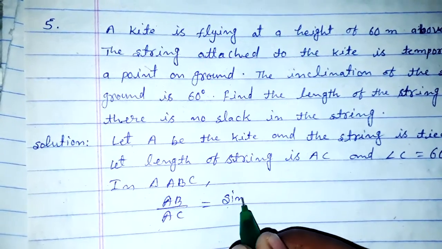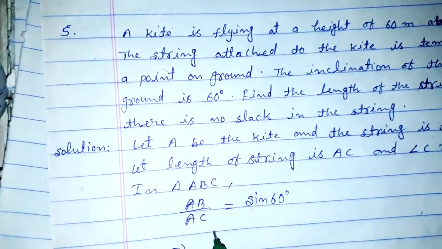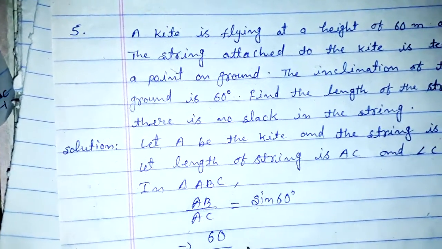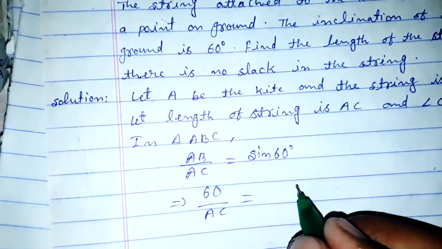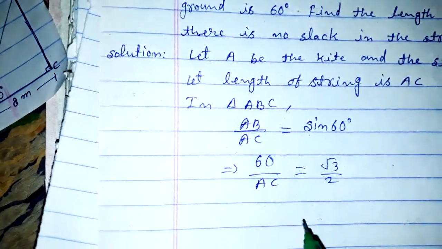So sine 60 degrees equals AB upon AC. AB is 60, this is AC. What is sine 60? Sine 60 is root 3 upon 2.